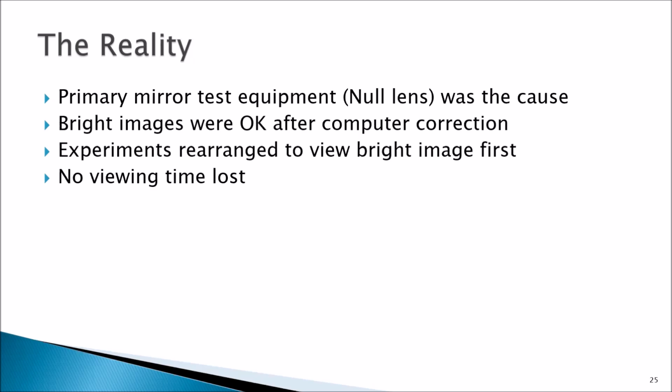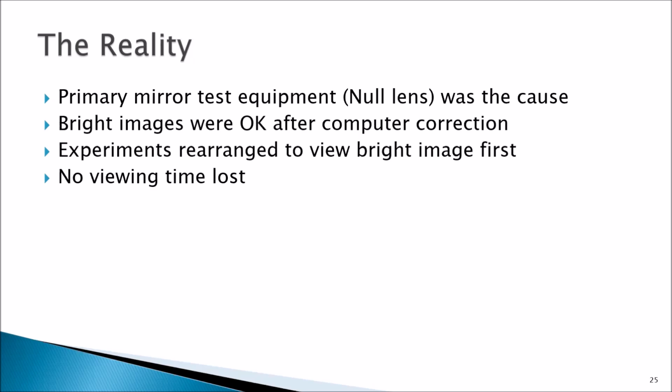What they could do, it turned out, is they could take bright images and use a computer algorithm and actually correct the images, make them as good as they could have been. Faint images, however, didn't work. The reason being there was not enough energy being concentrated into a small enough point for the detectors to sense.